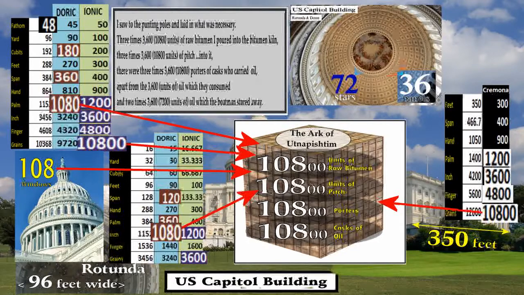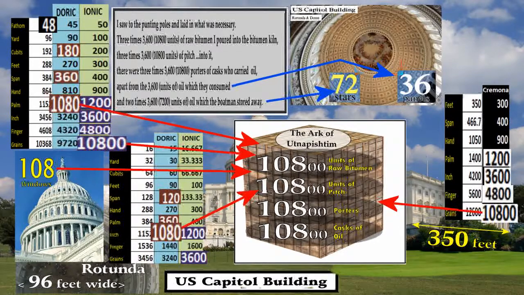But this is important because Tablet 11 also describes how much bitumen, pitch, and oil went into it. So far we've been talking about one-dimensional measures of distance. This is measures of capacity as well, so they've put a double reference in there, and then repeated that reference several times.